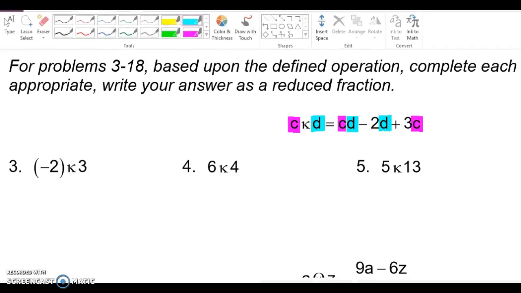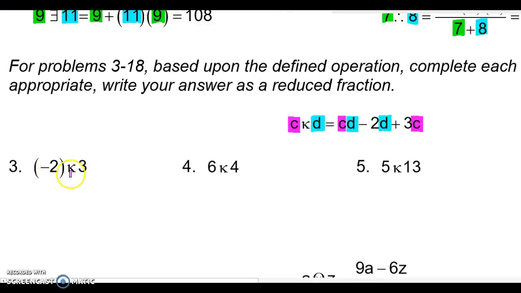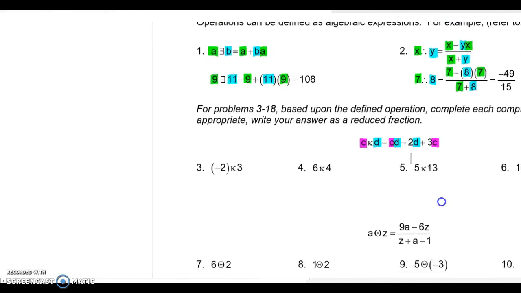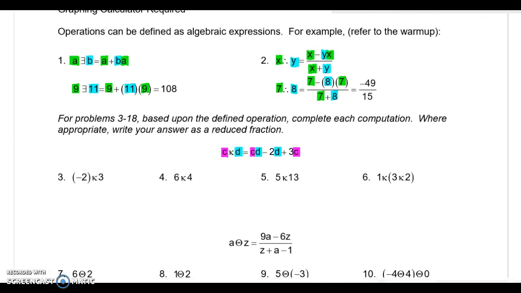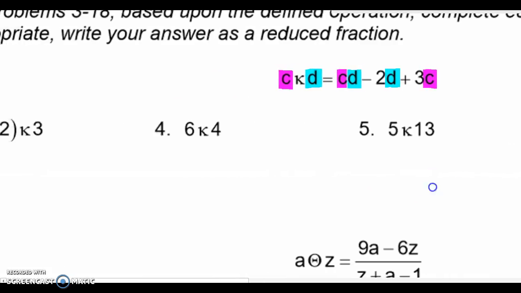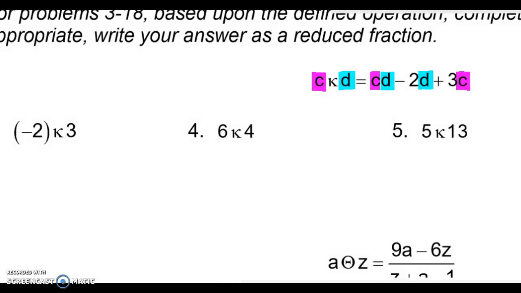So looking at our problems down here, we have these 4 problems that involve this new operation. Actually, let's just look at the first 3. The number before K will represent our C value. So I'm going to highlight those first. There's one of our values. There's another and another. Those are all C values.